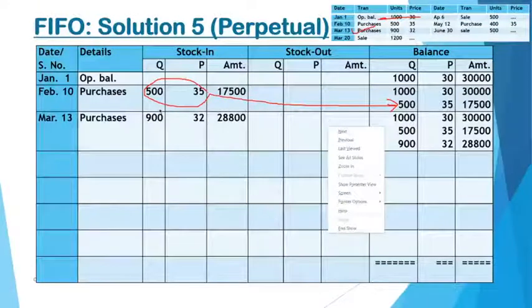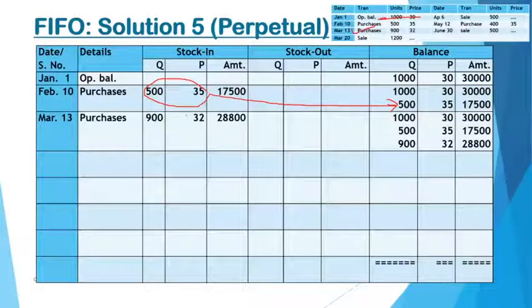Even in that case, you will not club it, even though we have a lot of 30 rupees coming here, because its order is different. It is coming third in the order and we need to follow first in, first out. So we need to know which lot came first, which lot came next. The order must be maintained while recording the balance. And anytime the stock balance can be calculated by totaling up the lots.